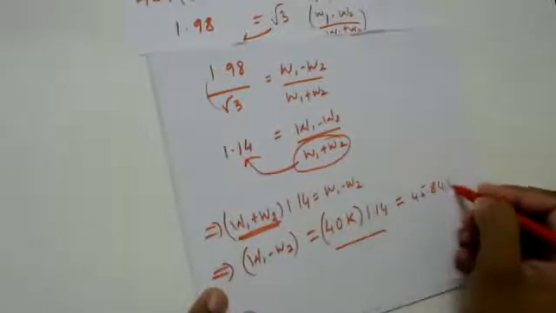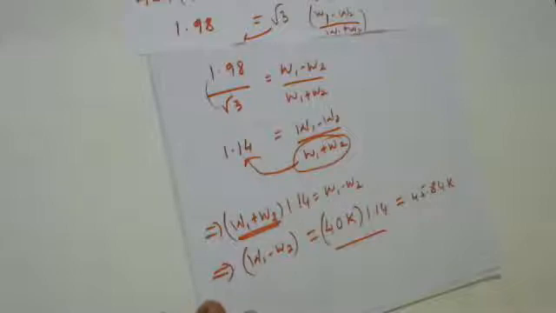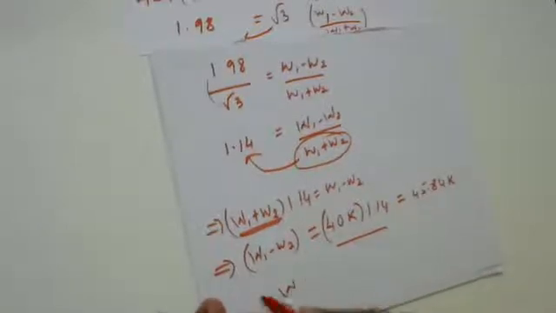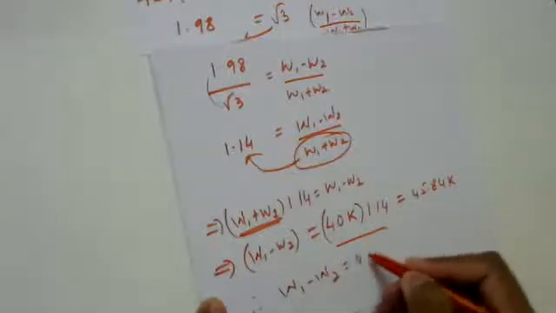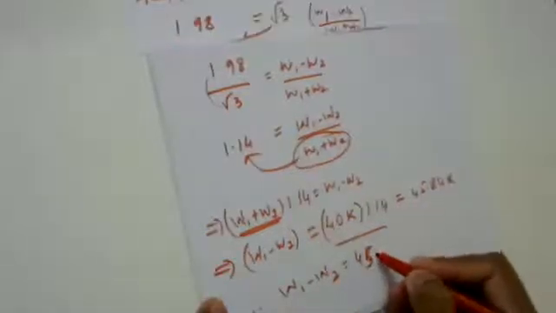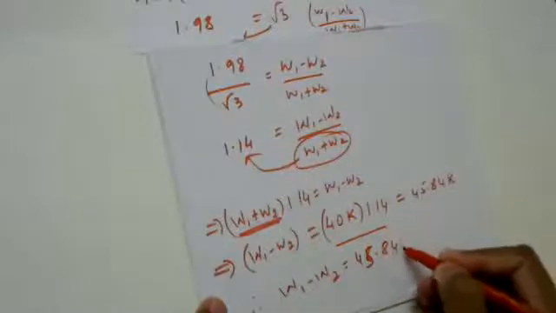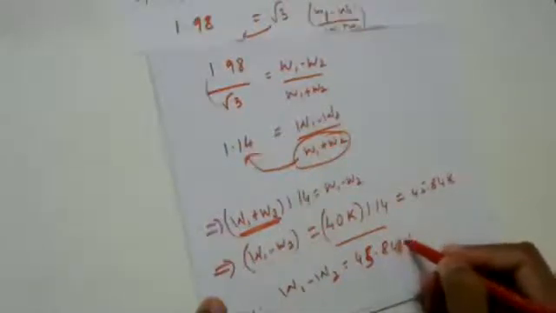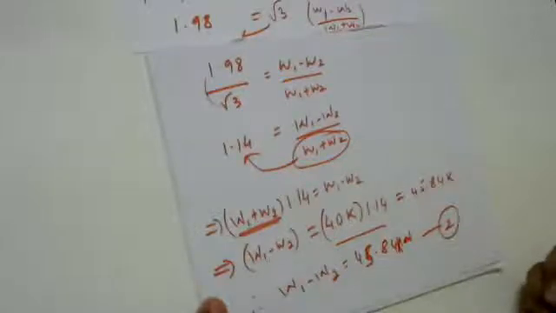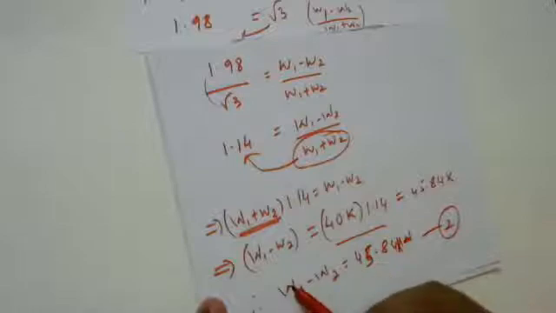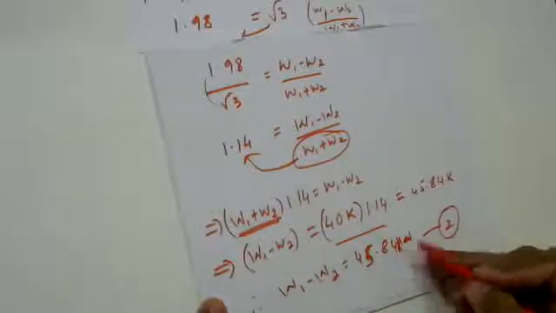45.84 kilowatts. Okay, so now I have two equations. W1 minus W2 is equal to 45.84 kilowatts. This is my equation number 2. Two unknowns, W1 and W2, two equations.